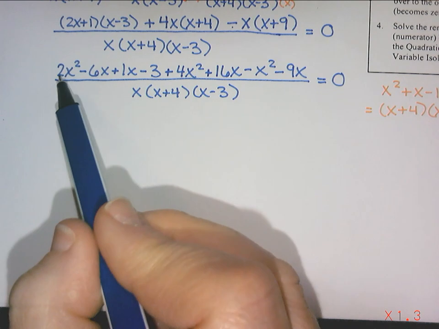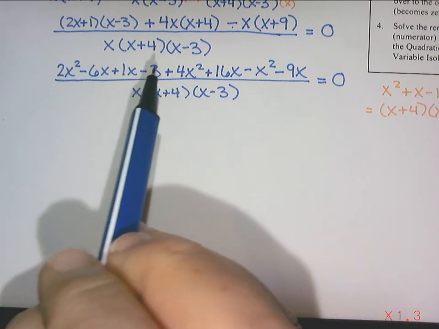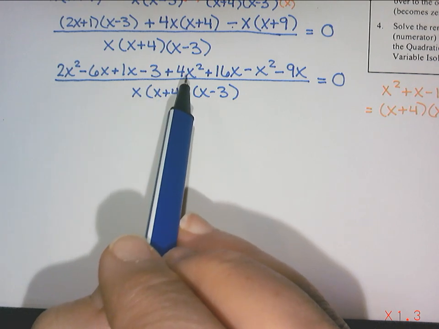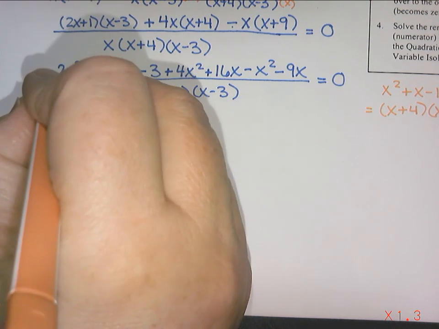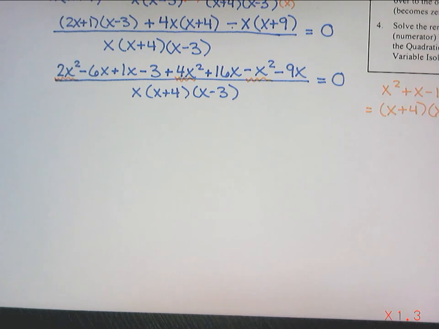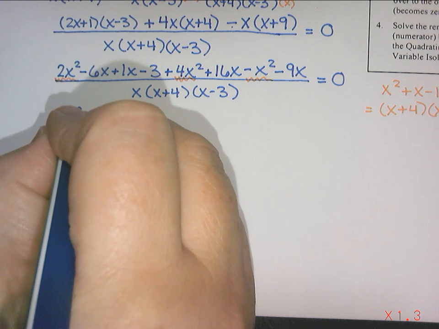Okay, from here, I'm going to collect up all of these like terms. So x squared, I have 2x squared plus 4x squared minus x squared. So 2 plus 4 is 6, minus 1 is 5, x squared.